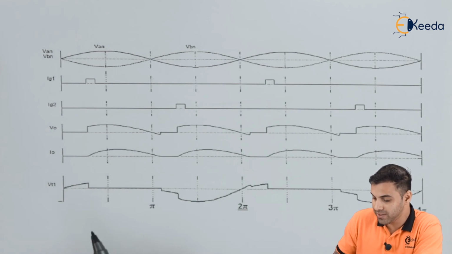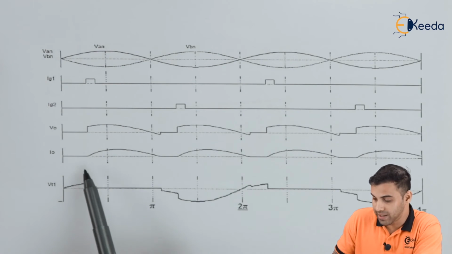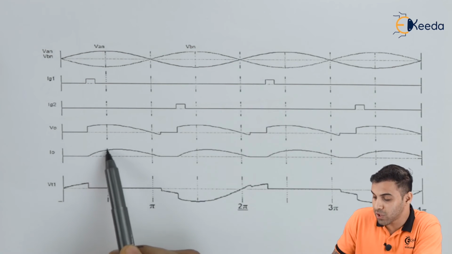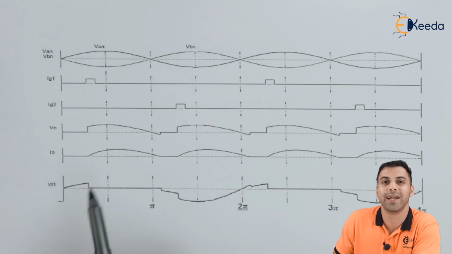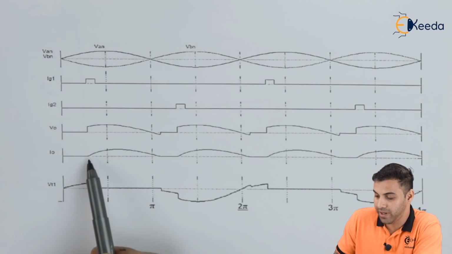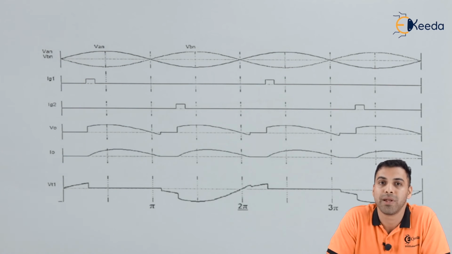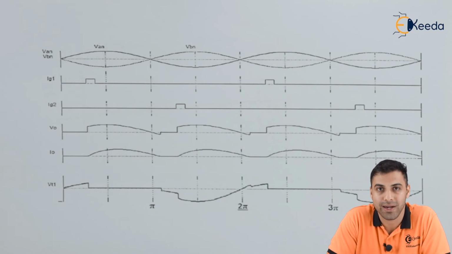If you can see friends, whenever there is an output voltage, the output current starts slowly rising because of the inductive nature of the load. Because of the inductive nature of the load, there is a tendency of the inductor which does not allow a sudden change of electric current. That means it will allow the flow of current through it at a slow pace.